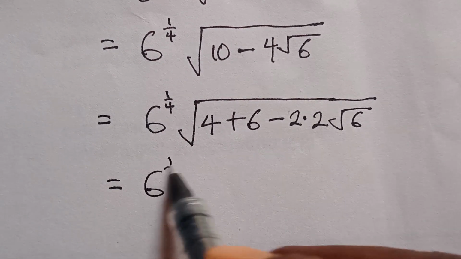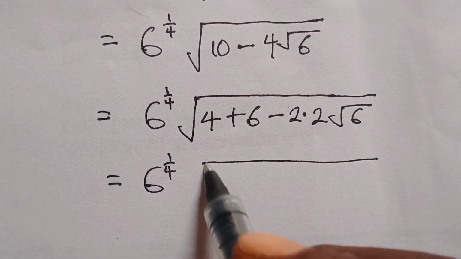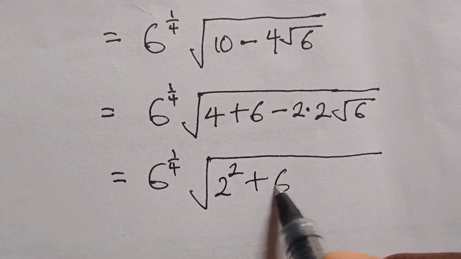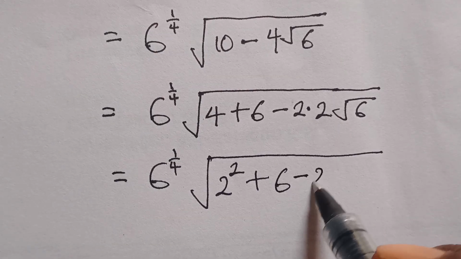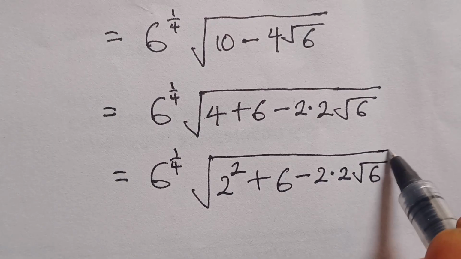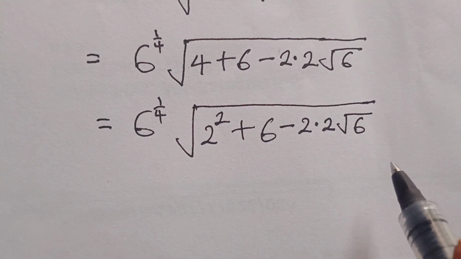So from here, I have 6 raised to 1 over 4. Square root of this 4, I change it to 2 times 2 plus 6 minus 2 times 2 as well, square root of 6. So we are looking for a way to simplify the short expression.